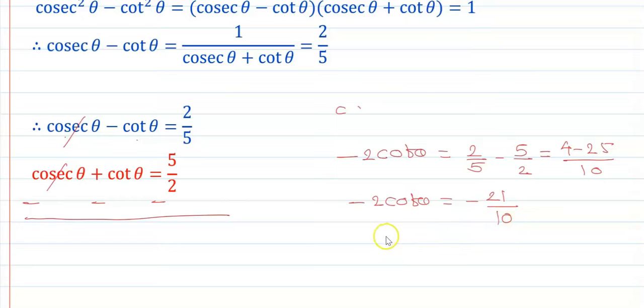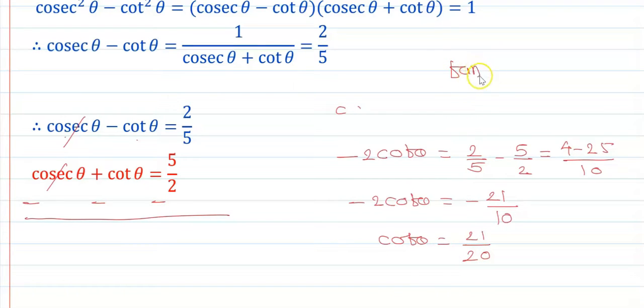Again we did the simplification. Then what will you get? That is cot theta is equal to, minus minus becomes plus. The 2 that is multiplied here goes to the denominator, that is 10 into 2. Then you will get 21 upon 20. This is cot theta.